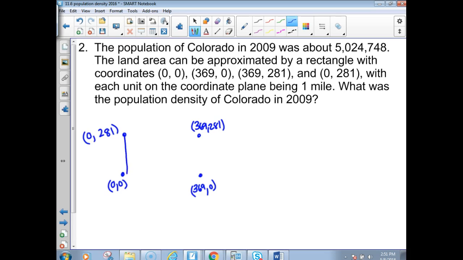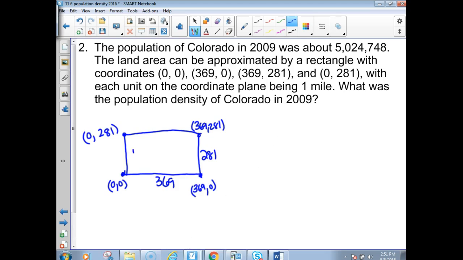So what are the lengths of the sides? It's easy, because if you went from 0 to 281, you went 281 units that way, right? If you went from 0 to 369, you went 369 units to the right. So that's the length of the sides.